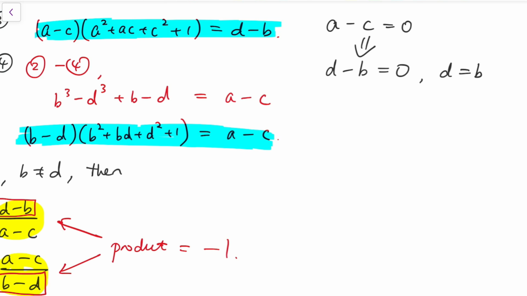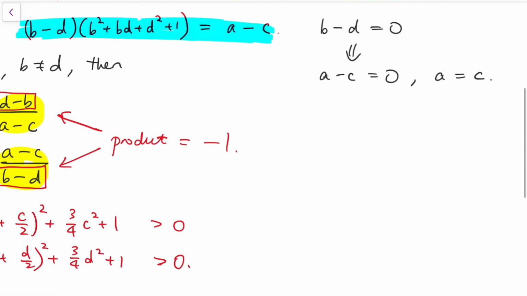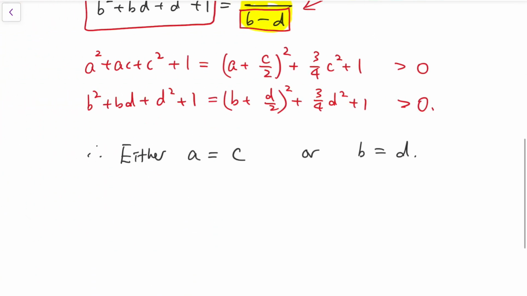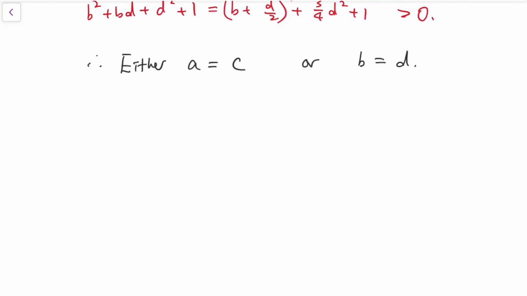Or if we have b equals d instead, then we use the other blue equation, and we have the same conclusion, which is that not just either one of these two has to occur, but both a equals c and b equals d have to hold at the same time.